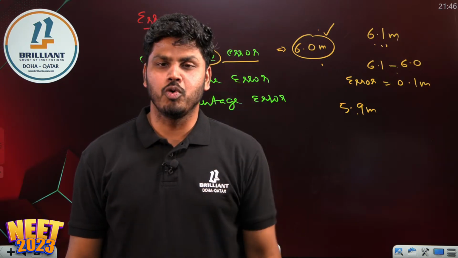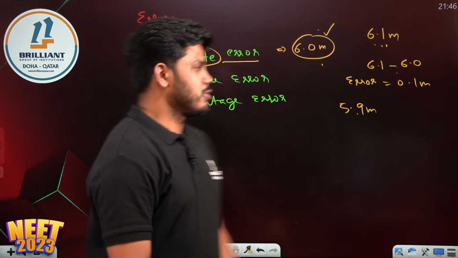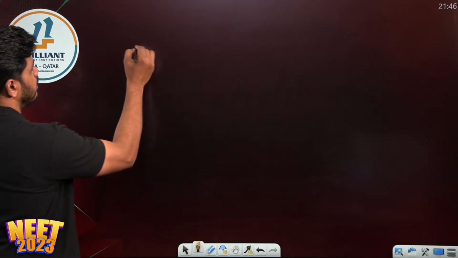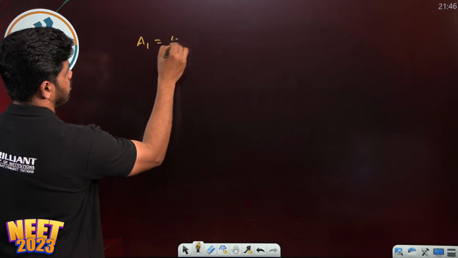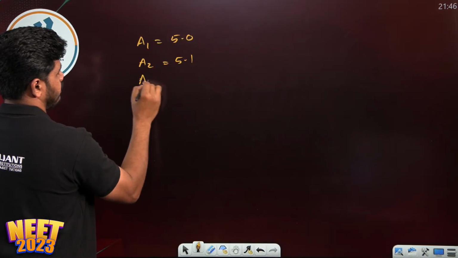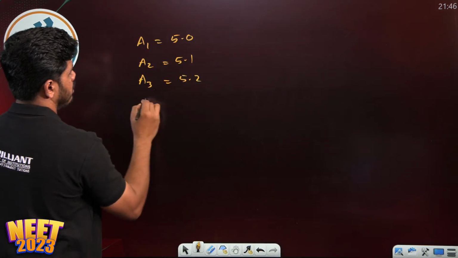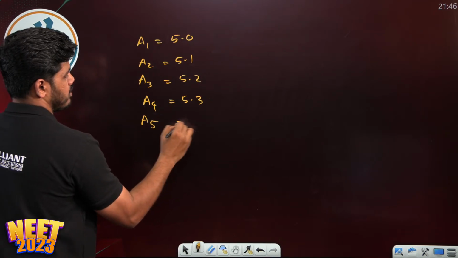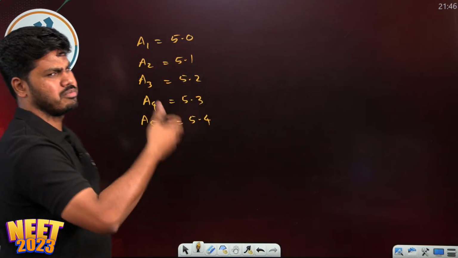If you don't know the true value, suppose you are given a set of measurements: A1 is 5.0, A2 is 5.1, A3 is 5.2, A4 is 5.3, and A5 is 5.4. I have given some random values for simplicity of calculation.